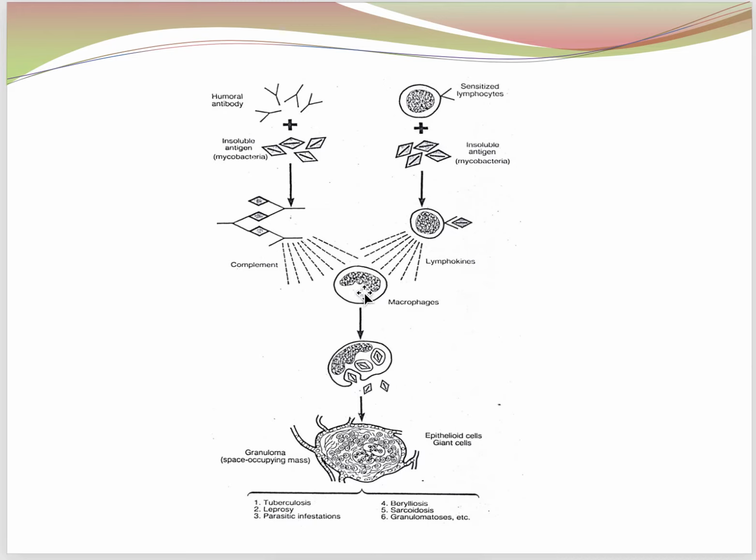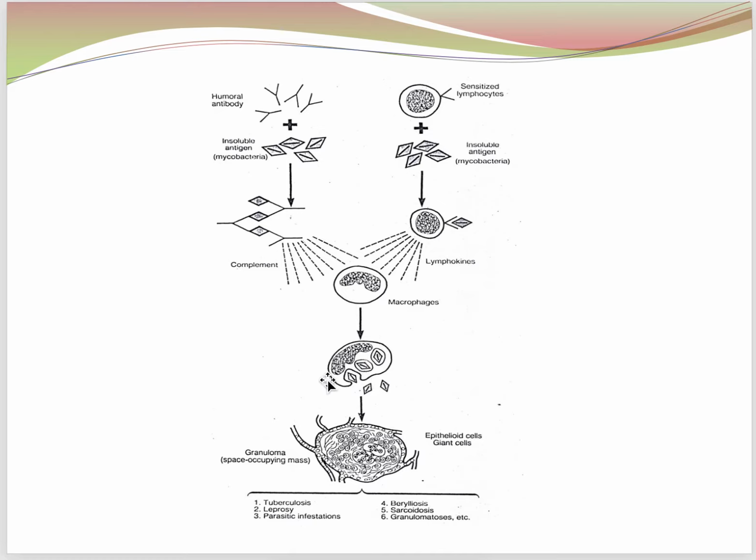Once the macrophages are activated, they try to digest these complexes. We know that the macrophages do this by endocytosis. First they engulf the materials, then digest them and then release them.